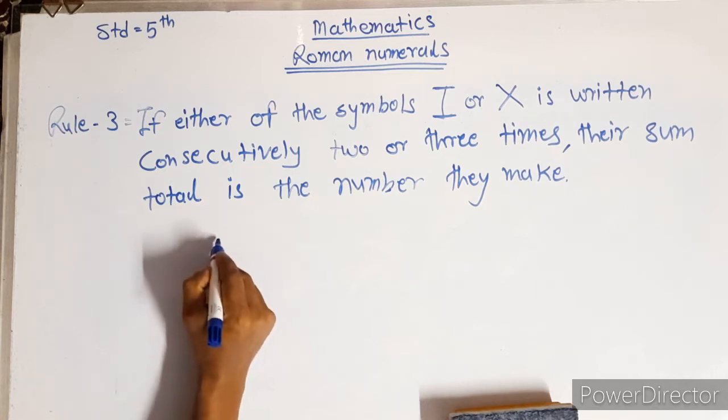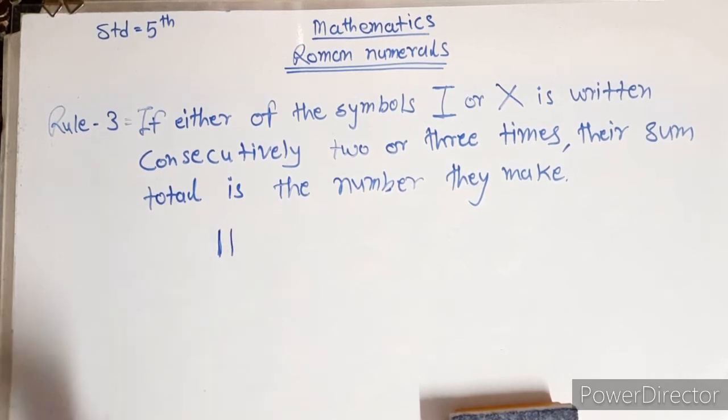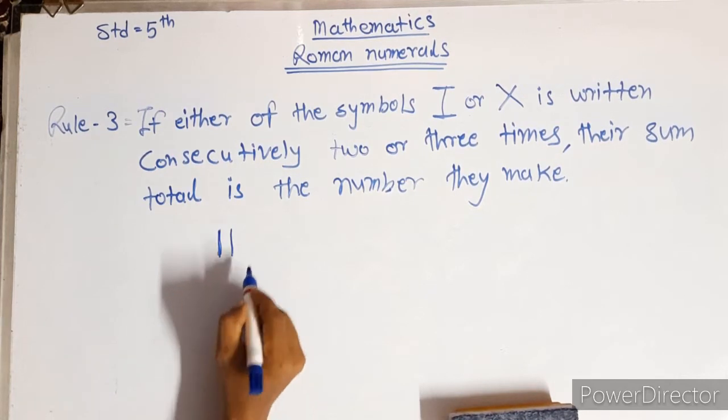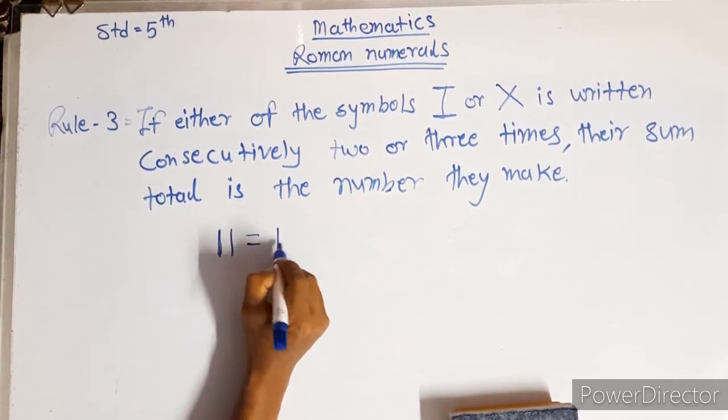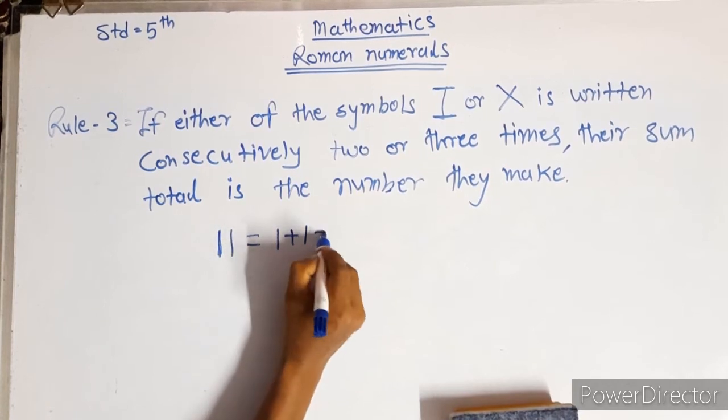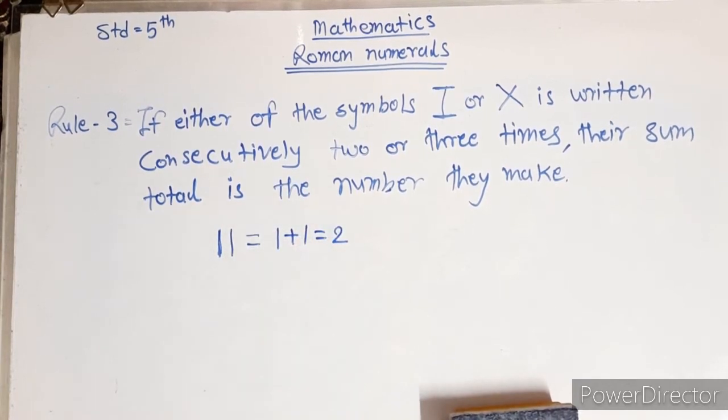For example, we write I and I. It means 1 plus 1 is equal to 2.